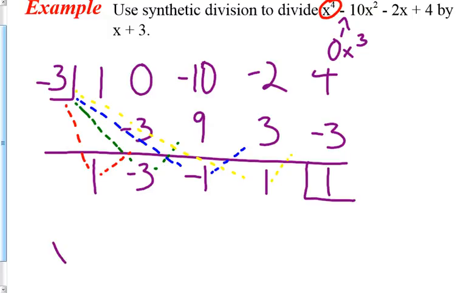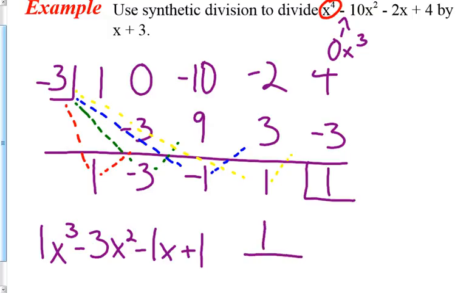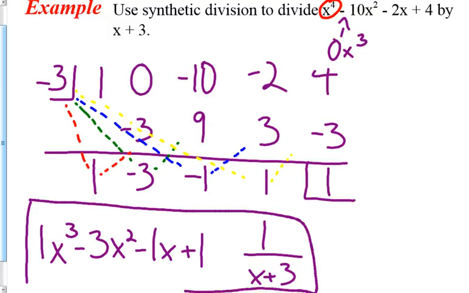I will have 1x cubed minus 3x squared minus 1x plus 1, and I will have a remainder of 1 over my initial denominator, which was x plus 3. And this is my final answer.